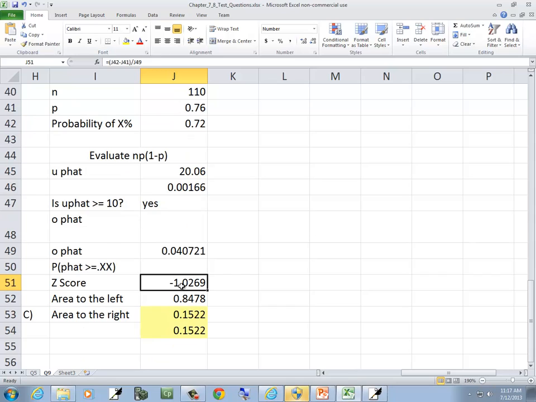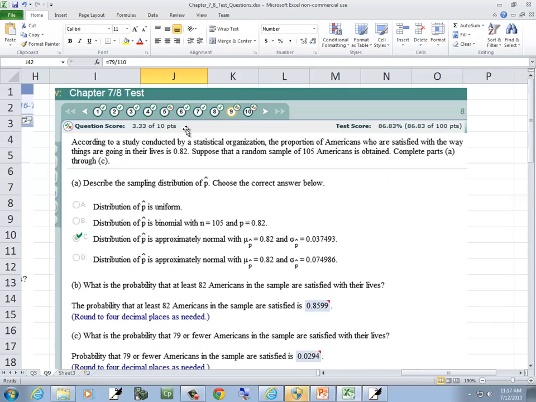This down here, z-score, okay, I'm assuming you got these correct. Z-score is equal to J42, which is p hat. Where's J42? X divided by n. That says 110. 105.